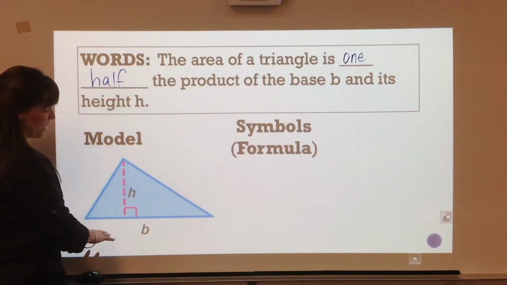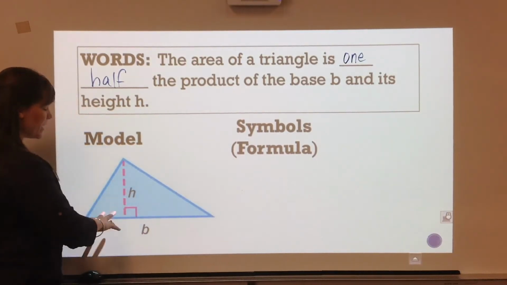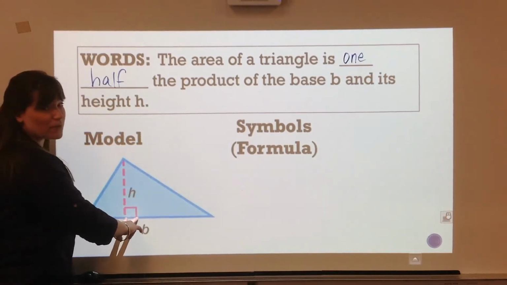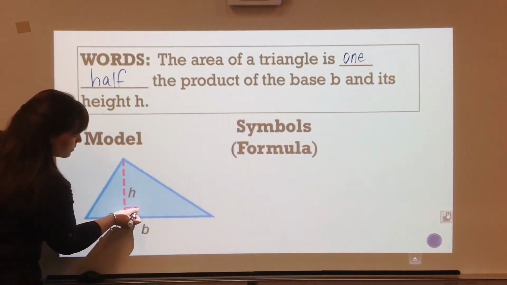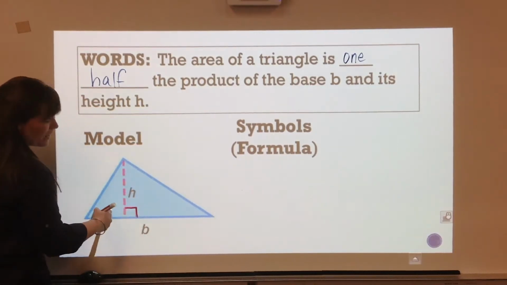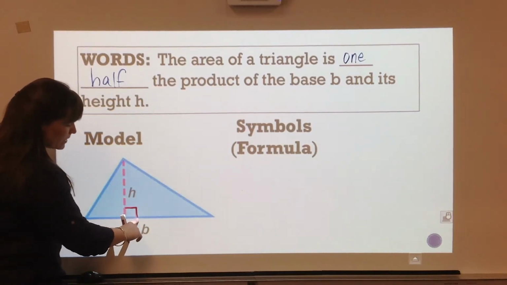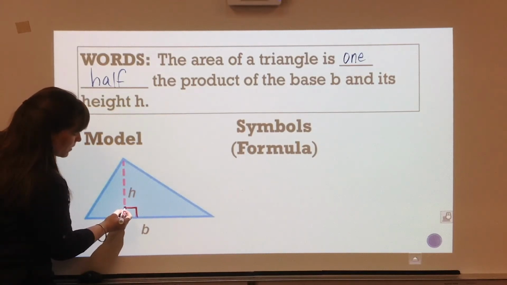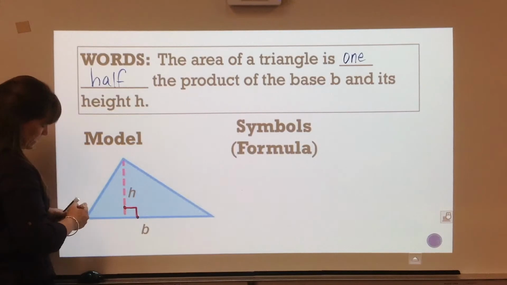I know in parallelograms, opposite sides were parallel, so that didn't matter, but here, the base of the triangle is going to be where that right angle is literally touching. So this little symbol, that seat part of the chair, literally touches the base and touches the height. So this part touches the height and this part touches the base.